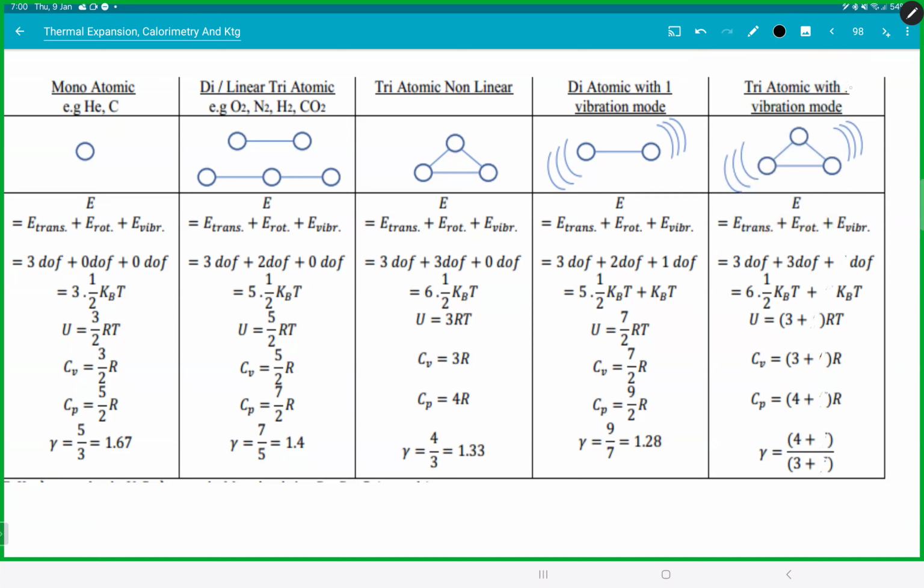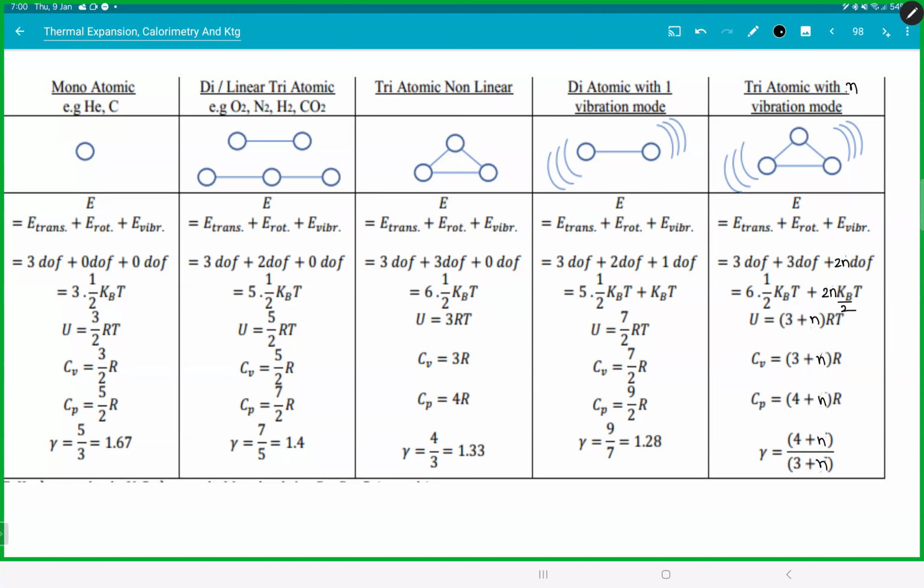So let this be n vibrational mode. So this is 2n degrees of freedom. So this is actually 2n by 2. So the 2 cancels out. We'll end up with n, n, n, n, and n.